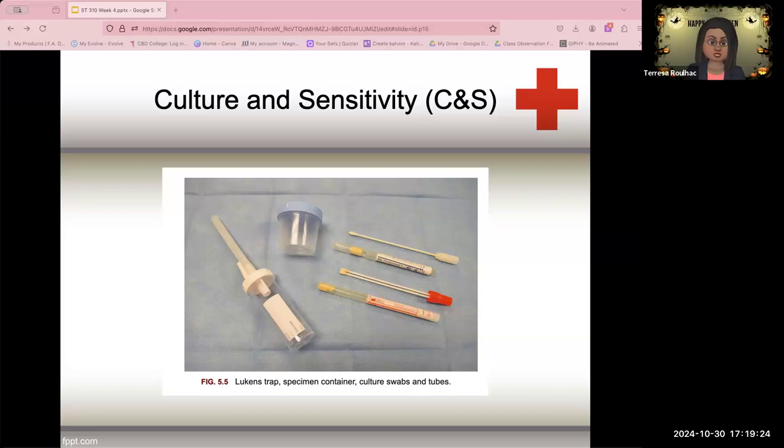Now, we also look at antimicrobial sensitivity testing. The cultured bacteria can be exposed to various antimicrobial agents, really to assess their effectiveness. This test helps to determine which antibiotics will be most effective against the specific pathogen.